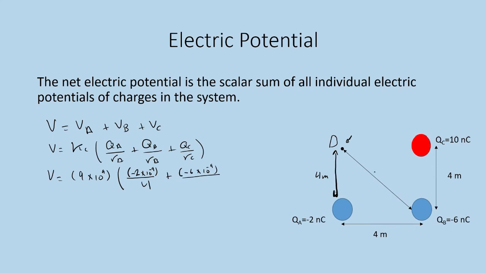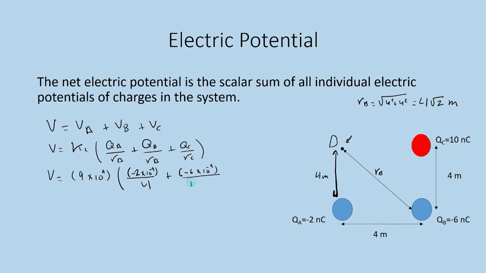If I call this RB, then RB is equal to the square root of 4 squared plus 4 squared, and this results in 4 radical 2 meters.